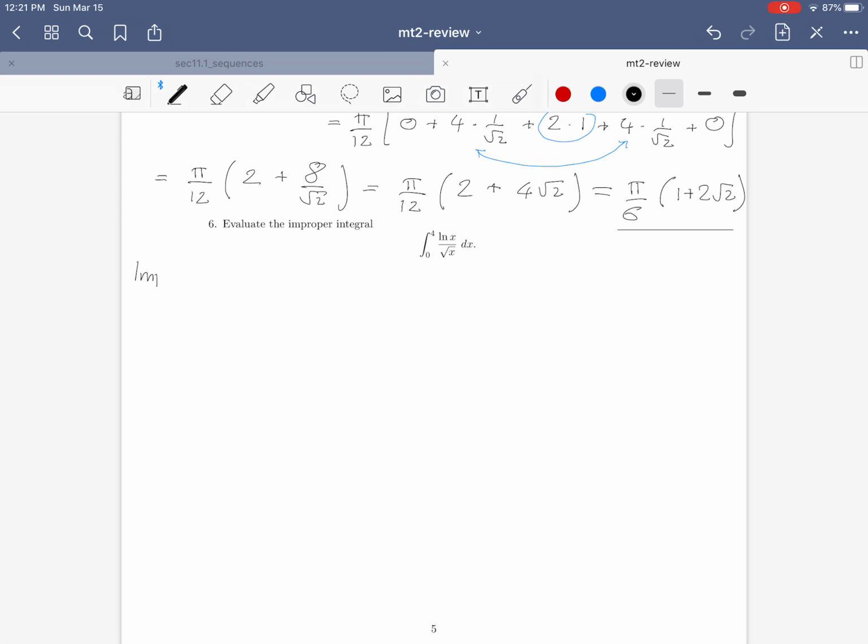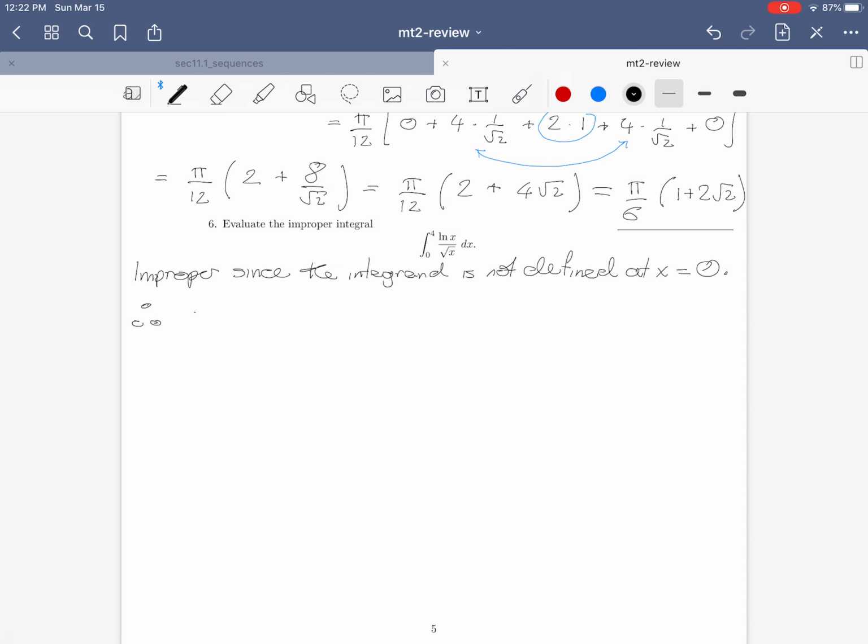So, first thing to say, this is improper since the integrand is not defined at x equals 0. Okay, so in this case, both ln x and 1 over square root x are undefined at x equals 0.